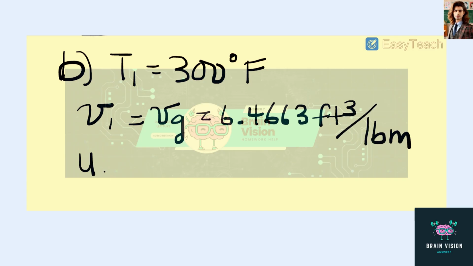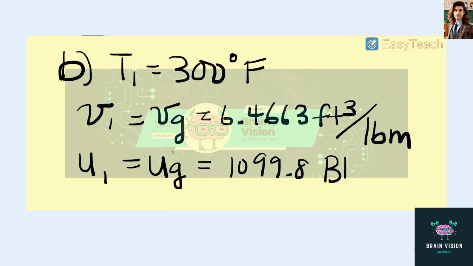Similarly, we can also get our specific energy. U1 is equal to ug, which is going to be equal to 1099.8 BTU per pound mass.